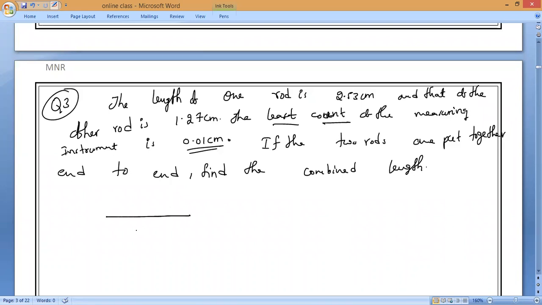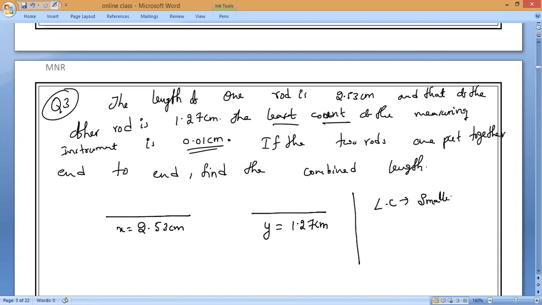Rod number 1, length X is equal to 2.53 centimeter. Rod number 2, Y is equal to 1.27 centimeter. Now, what is the meaning of least count? The smallest measurement with that given instrument.